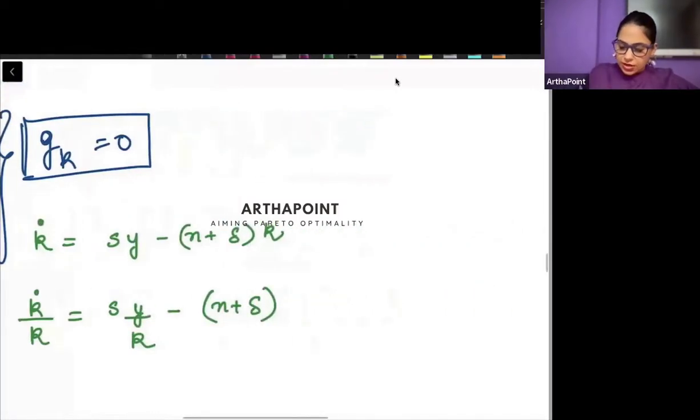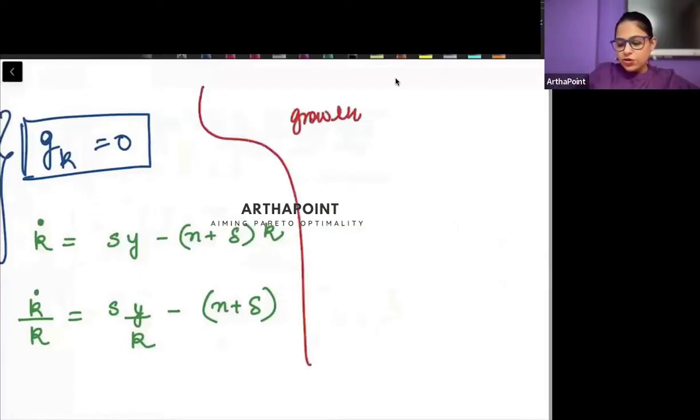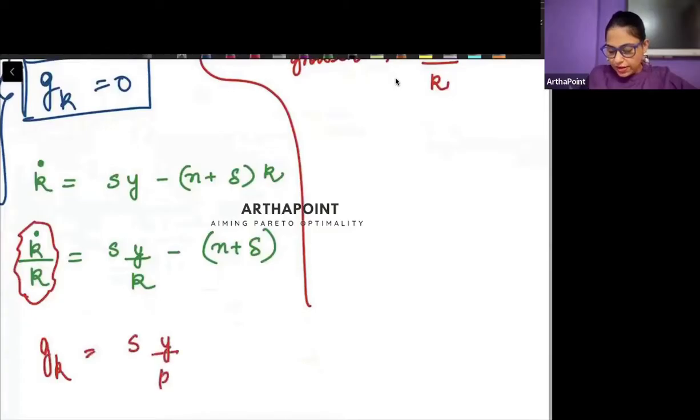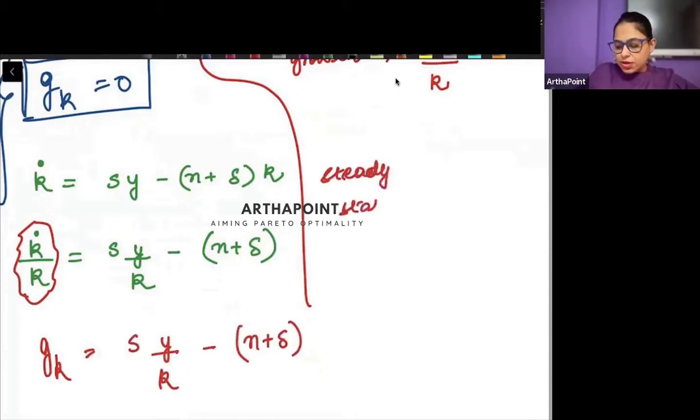Right? Now, what is the definition of growth? How do we define growth? Growth is defined as change in any variable by the original value of the variable. So, ये वाला जो factor है, I can just call this the growth rate of k is equal to s y by k minus n plus delta. And what happens at steady state? At steady state, we keep k dot equal to 0.